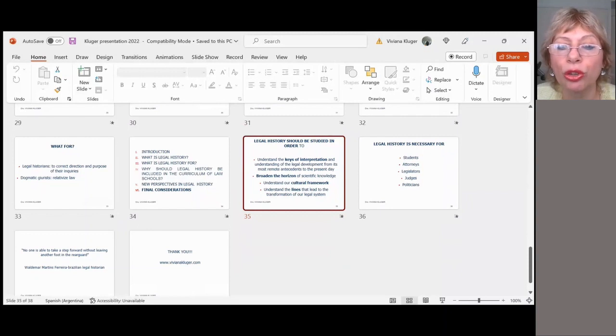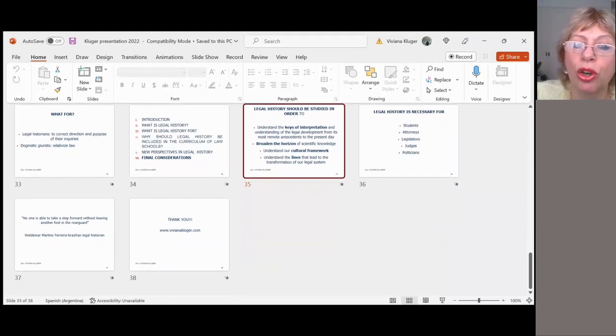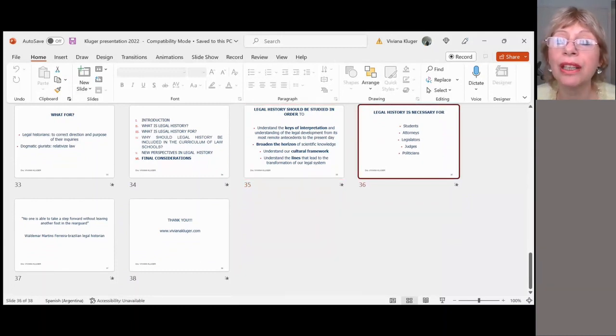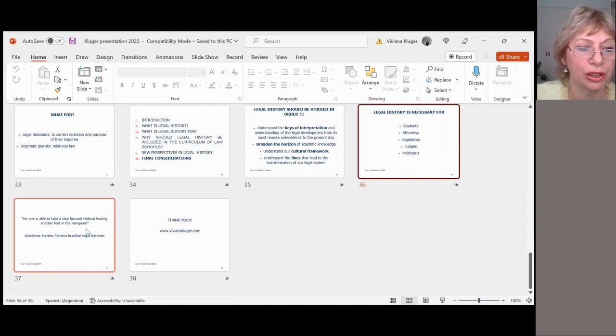Legal history should be studied in order to broaden the horizon of scientific knowledge, to understand our cultural framework, to understand the lines that lead to the transformation of our legal history. Legal history is necessary for students, for attorneys, for legislators, for judges, for politicians.